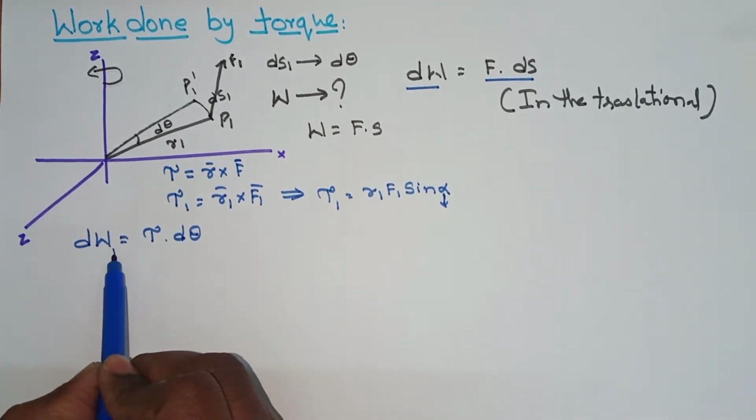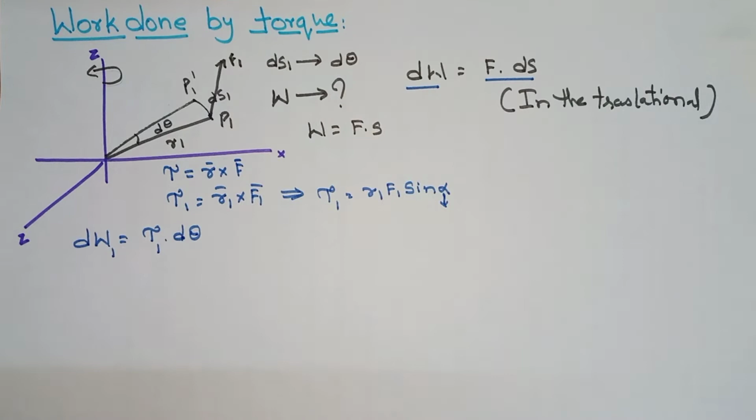For the work done, you write dW1 is equal to tau 1 into d theta. We have only considered one force like F1. If more than one force is acting on the same body, the work done by all the forces can be added, which gives the total work done on the body.